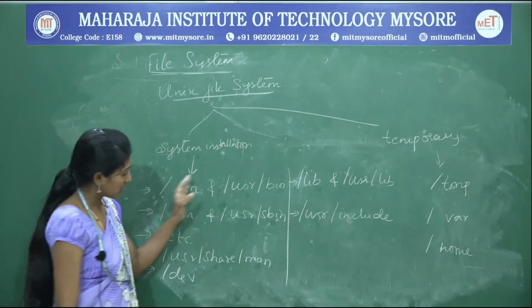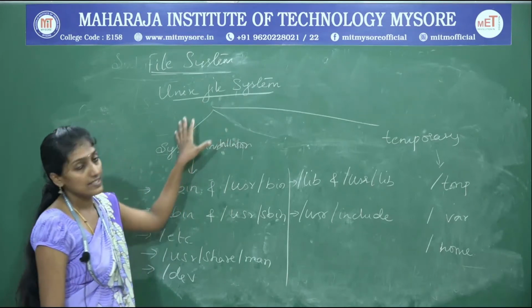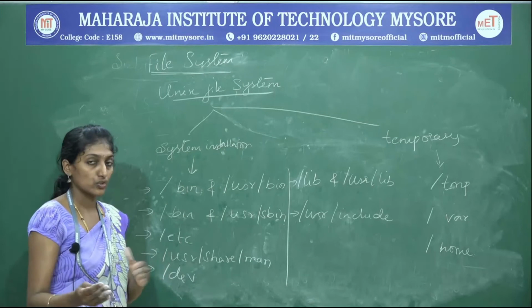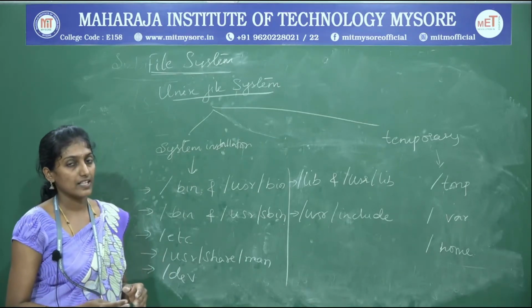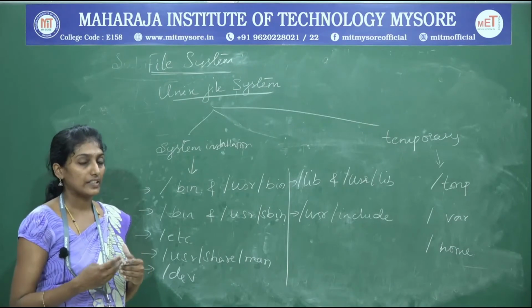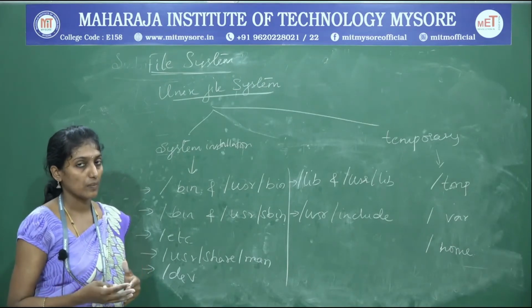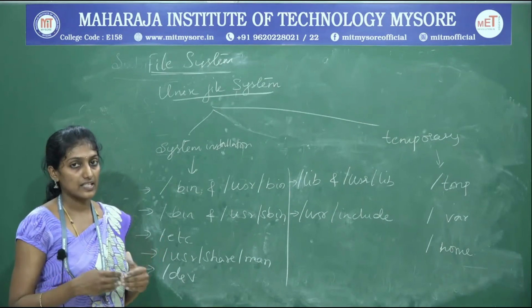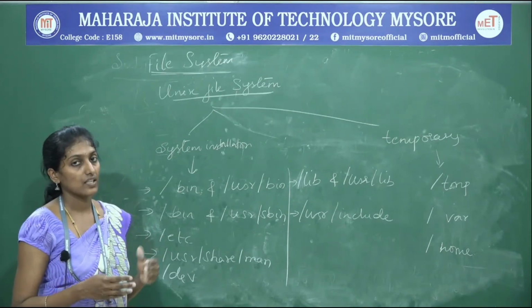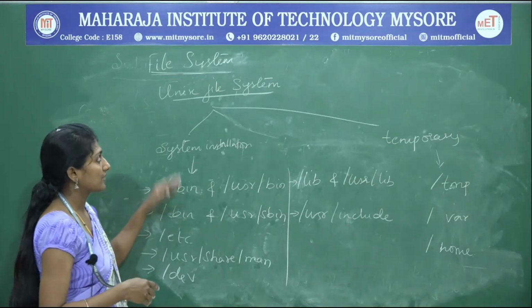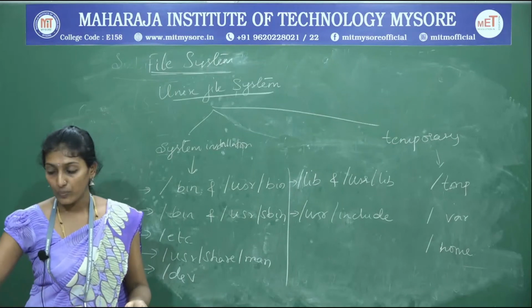So this is about your Unix system directory files, what all these files actually contain. Okay, so this is about your Unix file system. Apart from this, what we have talked about so far in Unix files: three categories of file, ordinary, directory and device. Next we talked about the parental relationship, creating a directory, changing a directory, removing a directory, and also absolute path name and relative path name. We have talked about ls command options.